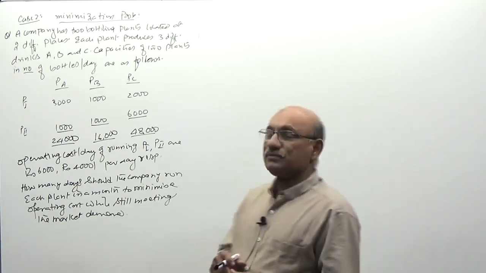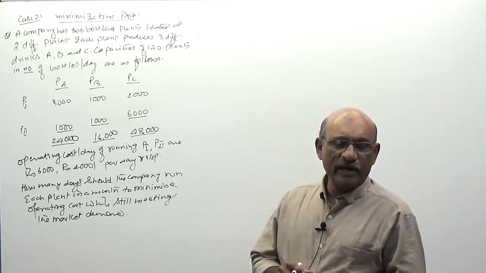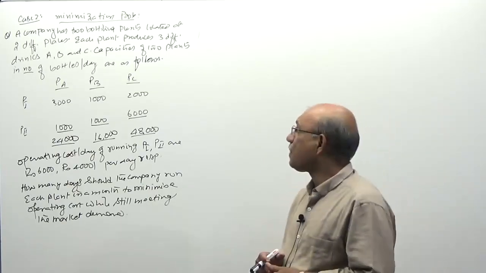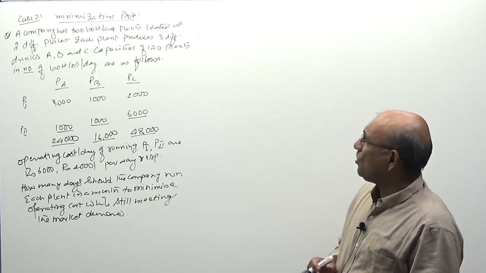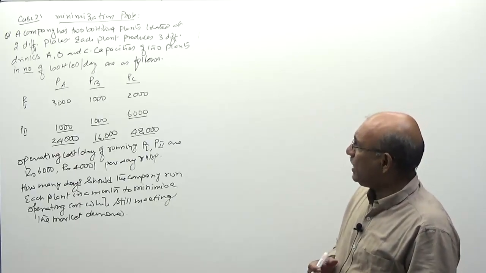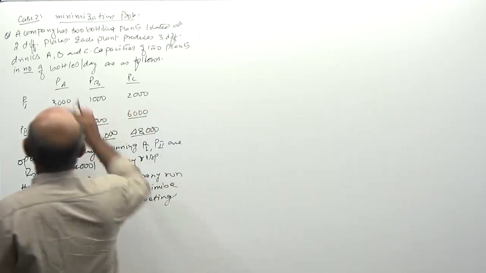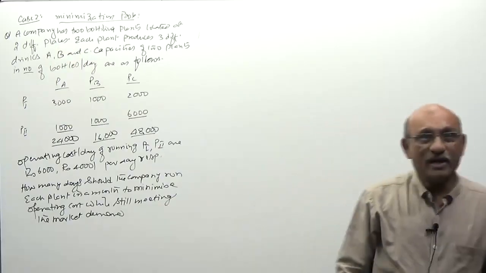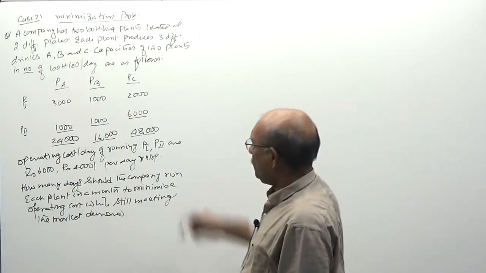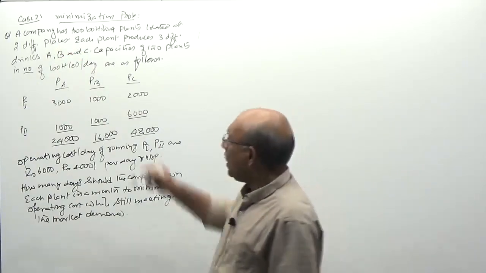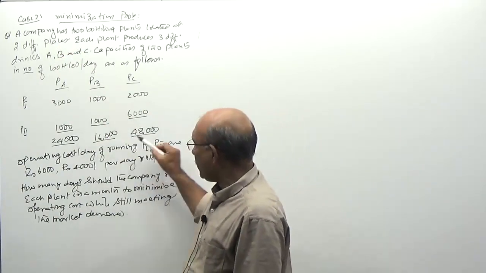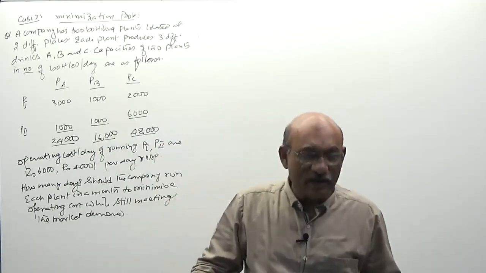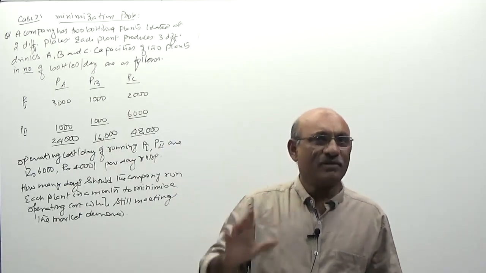Look at the question one more time. What is given in the problem? A bottling company is having two plants which are located at two different places. Each plant is producing three different drinks, A, B and C. The capacities of the two plants in number of bottles per day are as follows. Production capacity is also given. After this, look at this: 24,000, 16,000, 48,000. What will these figures represent? These figures represent the market requirement.